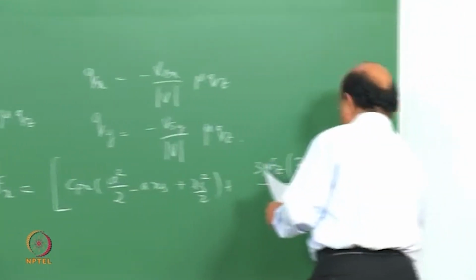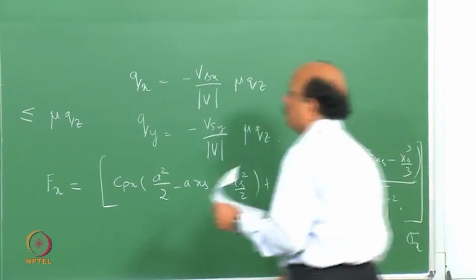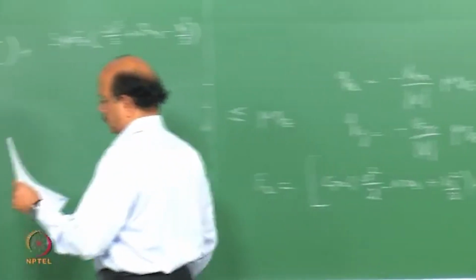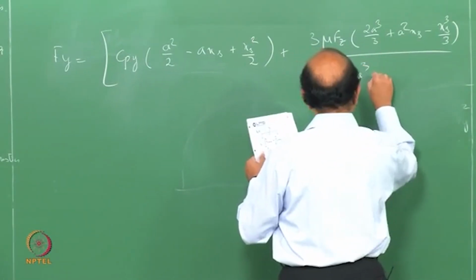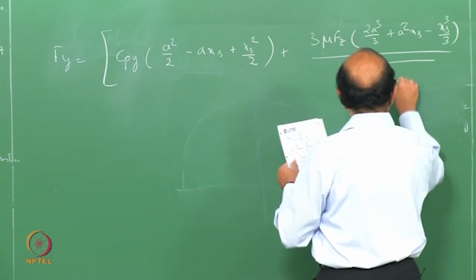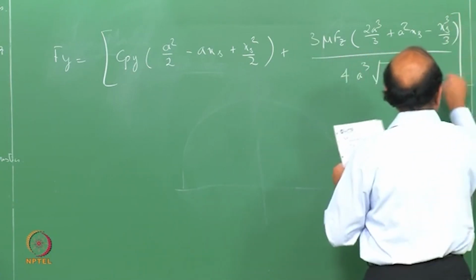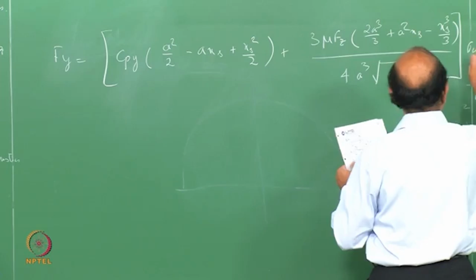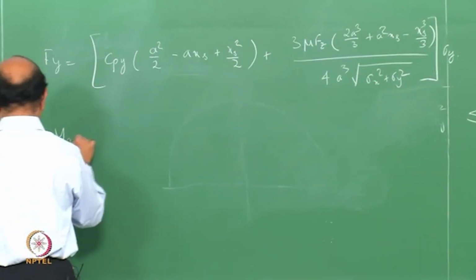This is into sigma x, sorry. That is the whole thing multiplied by sigma x. The whole thing multiplied by sigma y, and m is at.